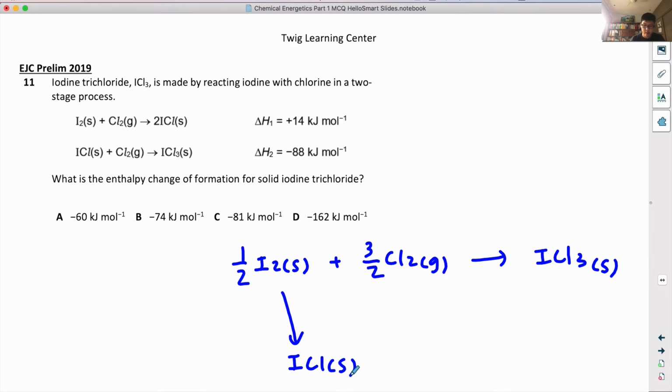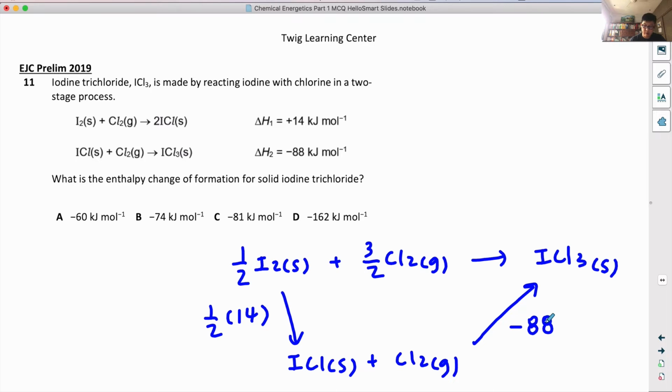Can you see that? So if I use half iodine and half chlorine, I'm going to get ICl solid. If I use half iodine and half a molecule of chlorine, this is in fact half times 14. Can you see that? Half times 14. What have I not used? I'm going to copy across because I only used half a molecule of chlorine. So I still have one chlorine molecule over here. From here to here is actually minus 88.